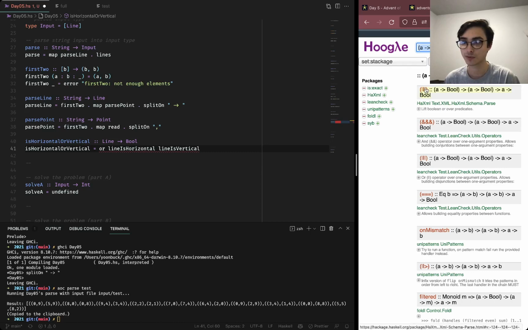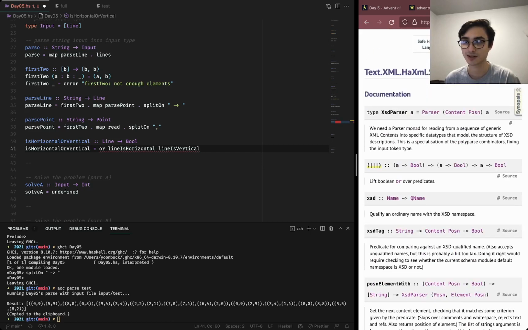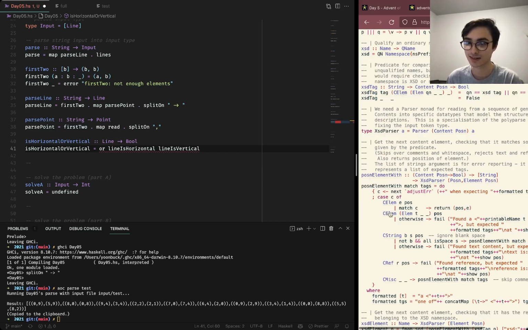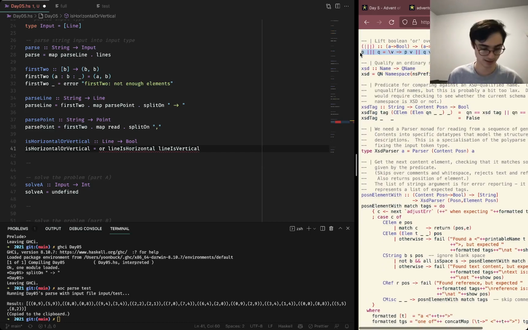Lift Boolean OR over predicates. I feel like that's what I want, but I'm not a fan of it. Can I just nab it? I guess that makes sense.